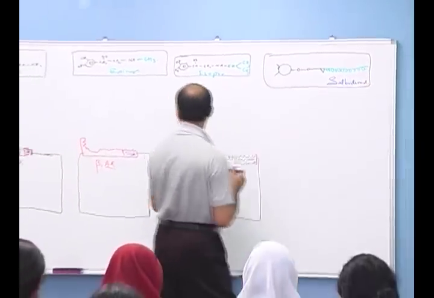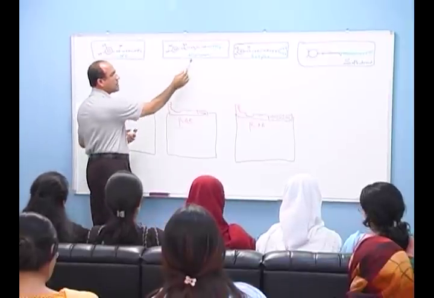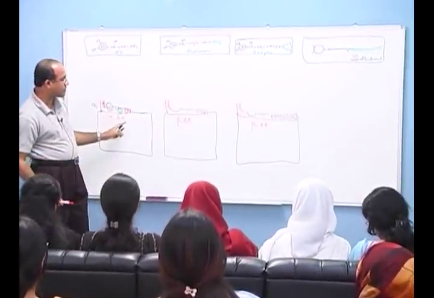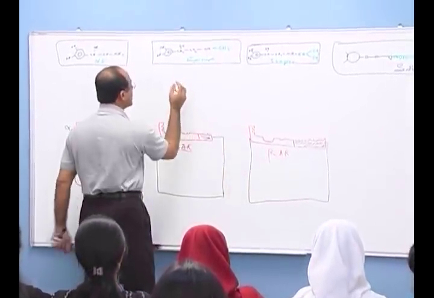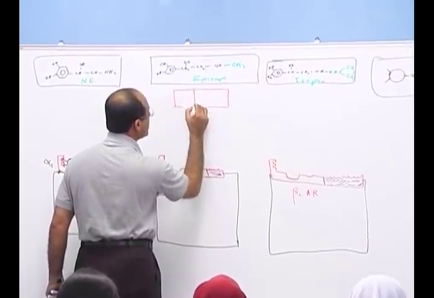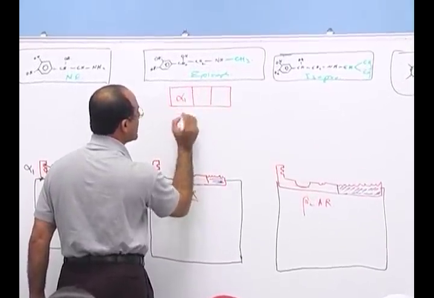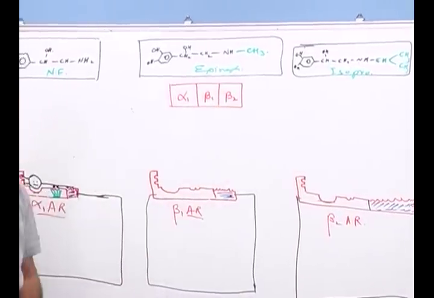So let's put it here, salbutamol. Now compare a very important thing. Look, the balanced drug was epinephrine. It will bind with the alpha 1 receptor as well as the beta 1 receptor as well as the beta 2 receptor. If we call this balanced, it means for the 3 receptors it will bind in an ideal fashion. Alpha 1 activity, yes, beta 1 activity and beta 2 activity.